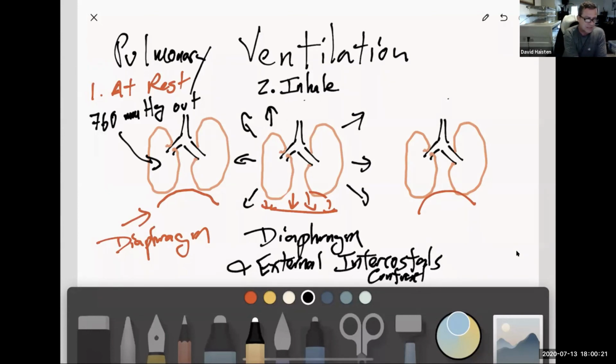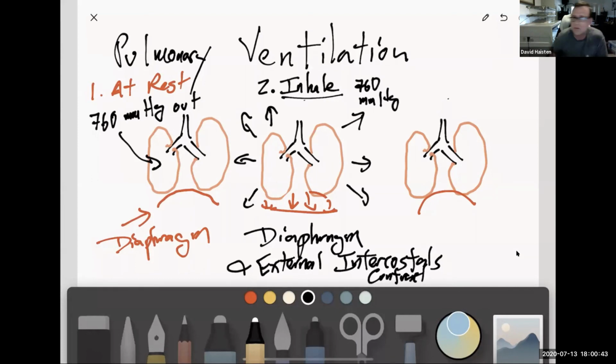Now, when you inhale, because the diaphragm and the external intercostals contracted, they just increased the thoracic cavity volume, which increased the volume of the lungs. So we still have 760 millimeters mercury air pressure outside.